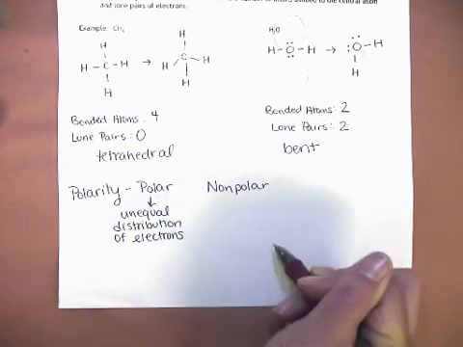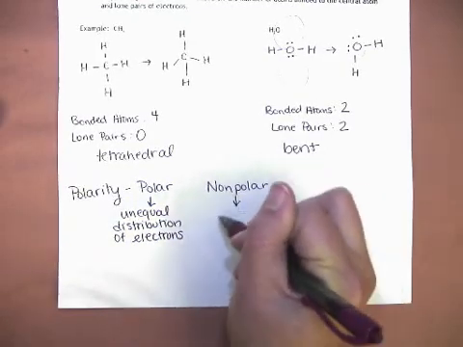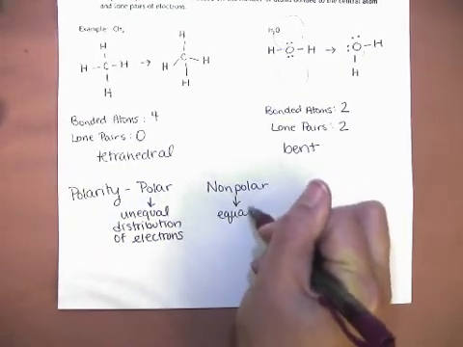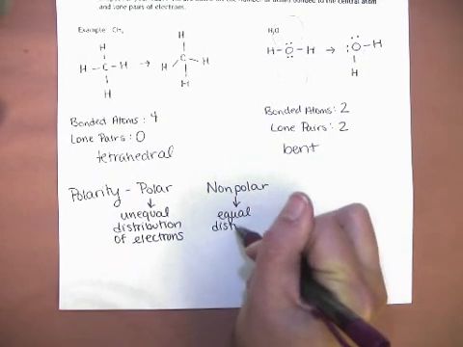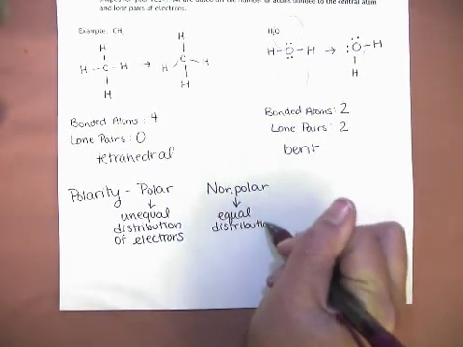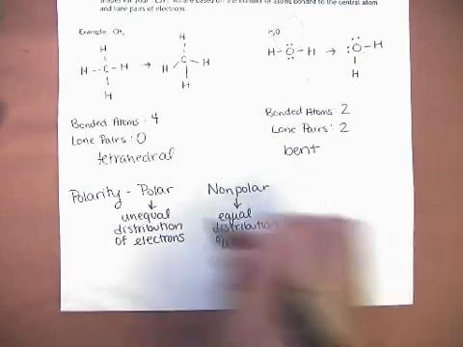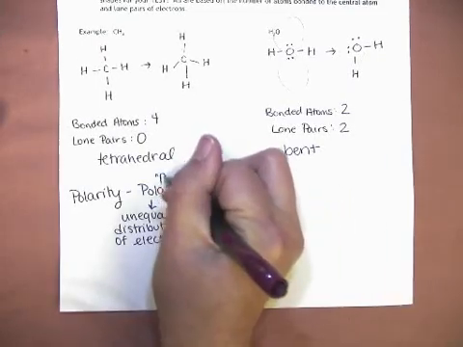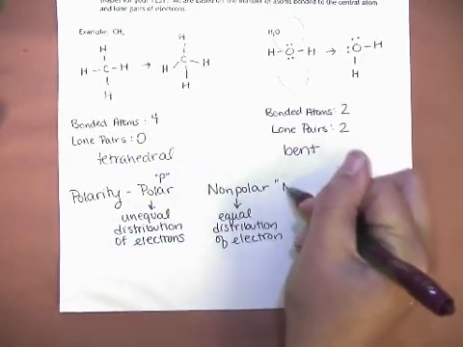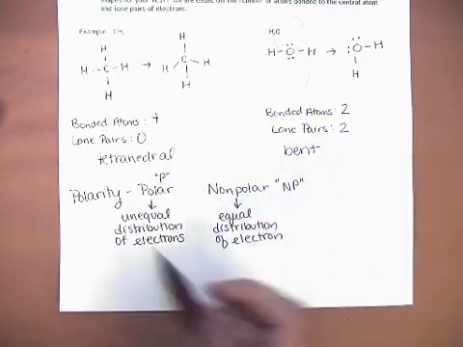And it also has to do with their electronegativities. Nonpolar is an equal distribution of electrons. We abbreviate polar as P and nonpolar as NP.